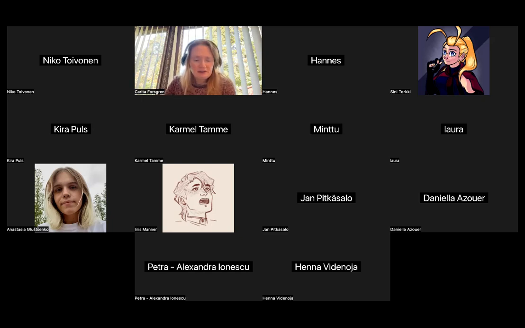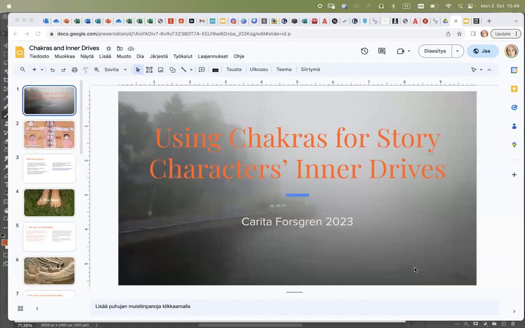Anyway, another way of thinking about needs comes from India, and I'll share my screen now. And that is the chakras system, which I'm here using in the most superficial sense to just think about different needs of people.